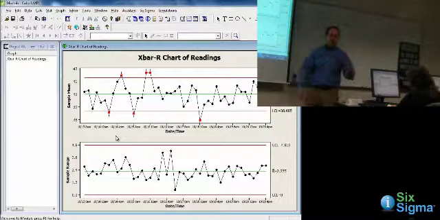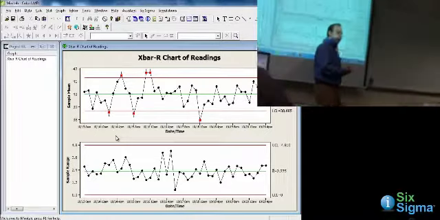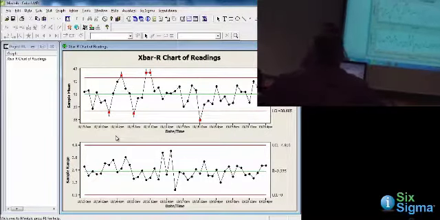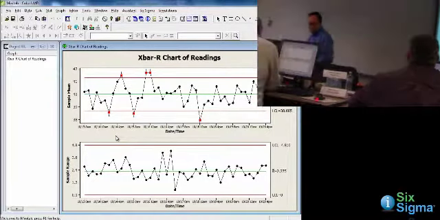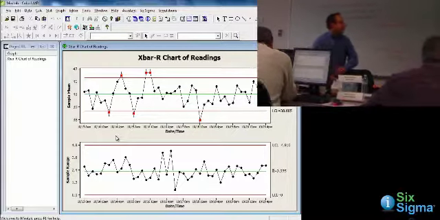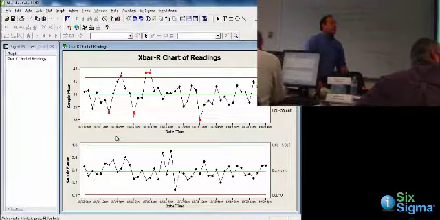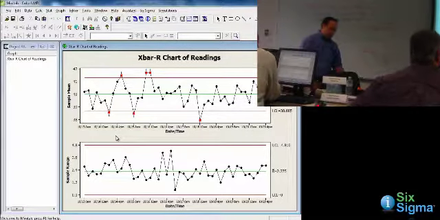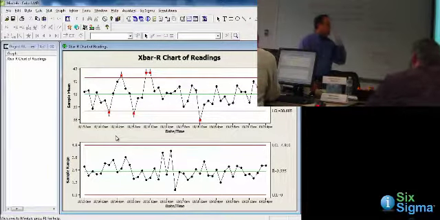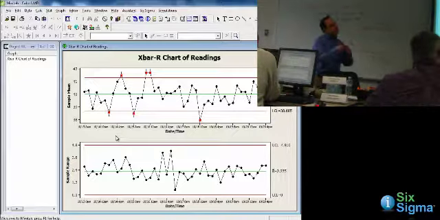Did you say you have to get your process in control before you can go on to phase 2? Yes. Is that correct? Yes. That is correct. The assumption is, like you're trying to estimate the mean and the standard deviation. If during phase 1 there are things happening to your process, are you really getting the true estimate of mu and sigma?